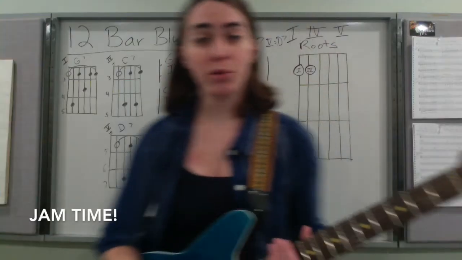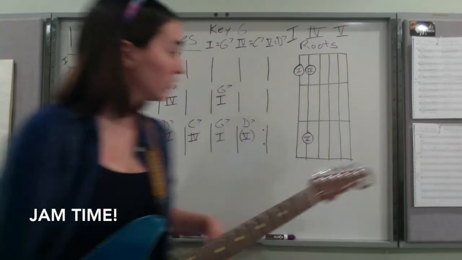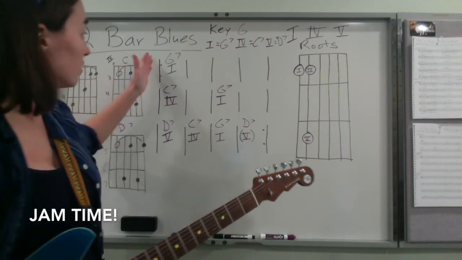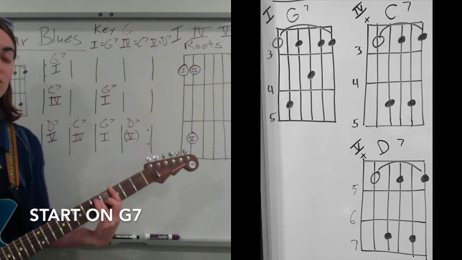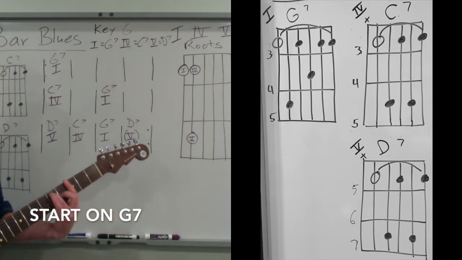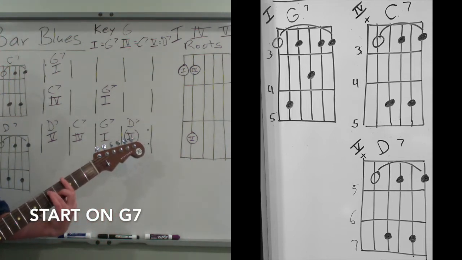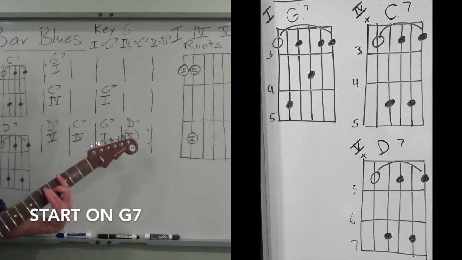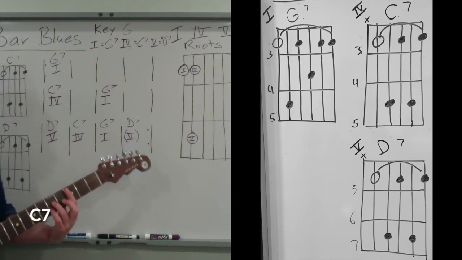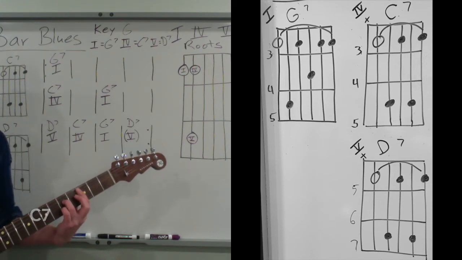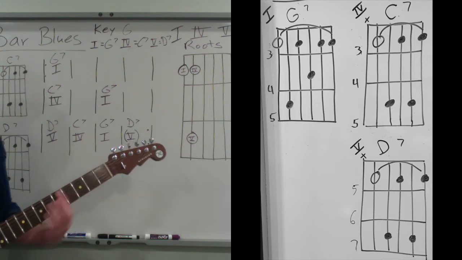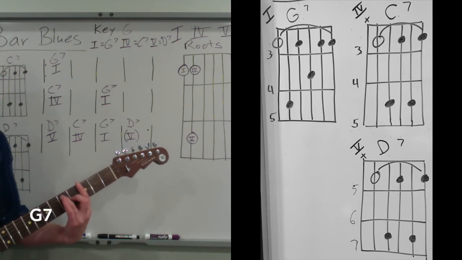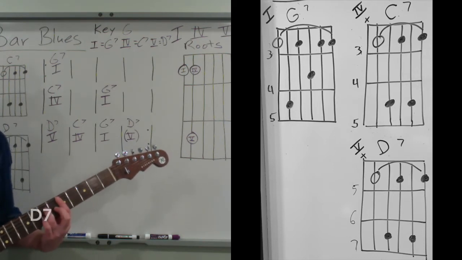All right, we're going to go ahead and jam along with these chords. Practice playing them along with me. We're going to play our blues in the key of G. Here we go. A 1, 2, 3, 4. Switch to C. G7. D7, C7, G7, D7, repeat.